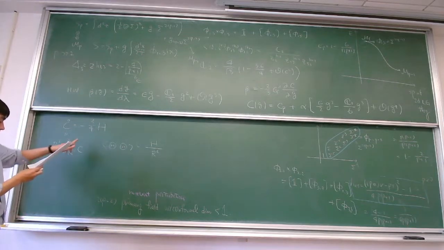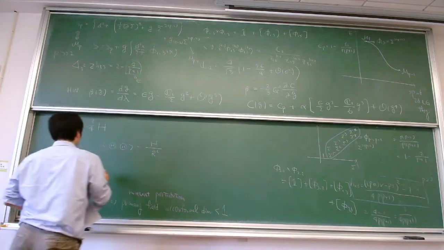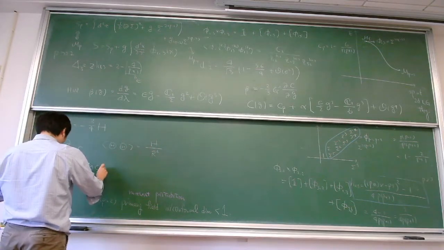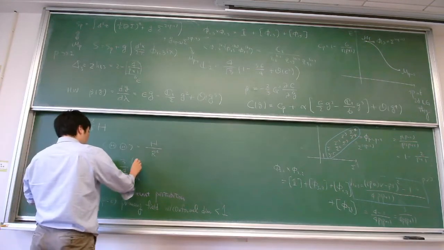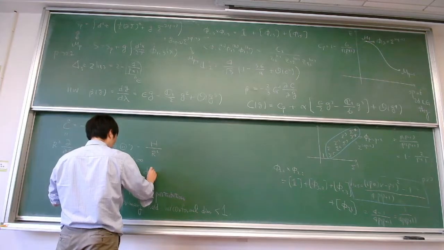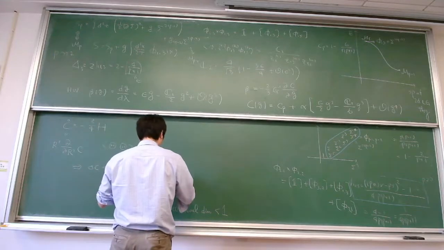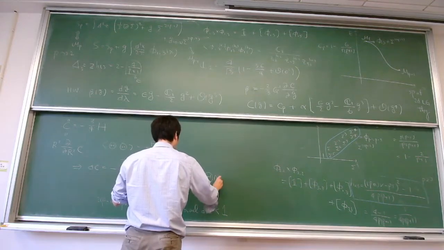Okay. And now we know that delta C, from here, delta C can be obtained by minus 3 over 4 integral from 0 to infinity dR squared, and R squared, and then theta R, and theta 0.